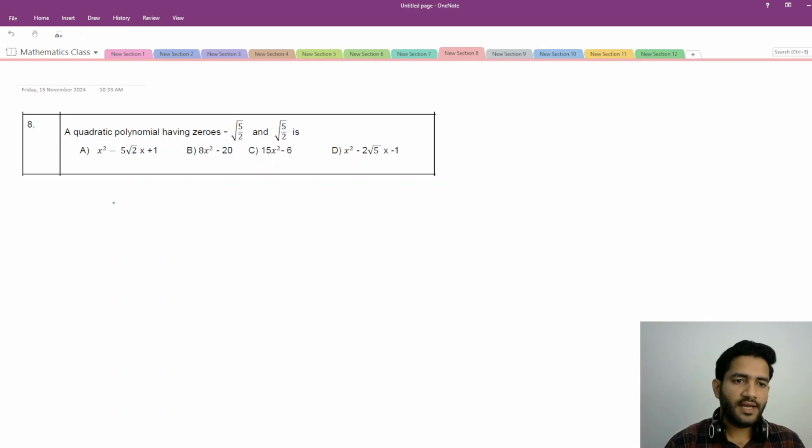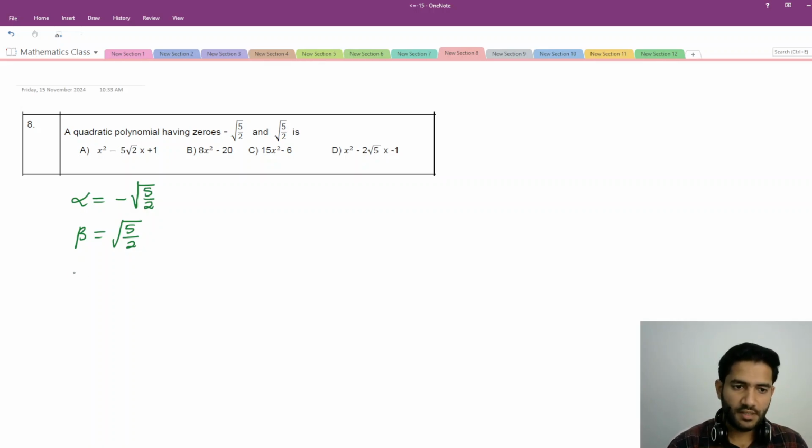Next one, a quadratic polynomial having zeros minus square root of 5 by 2 and square root of 5 by 2.